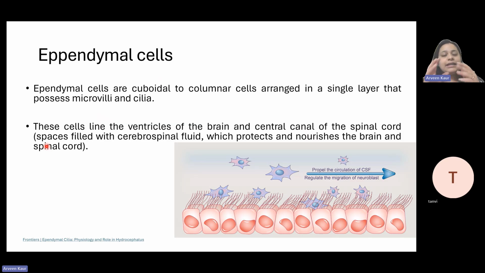Right, so the ventricle is basically the hollow space present in the brain, and the central canal of the spinal cord is also a hollow structure, and these hollow spaces are filled with cerebrospinal fluid, which protects and nourishes the brain and the spinal cord.